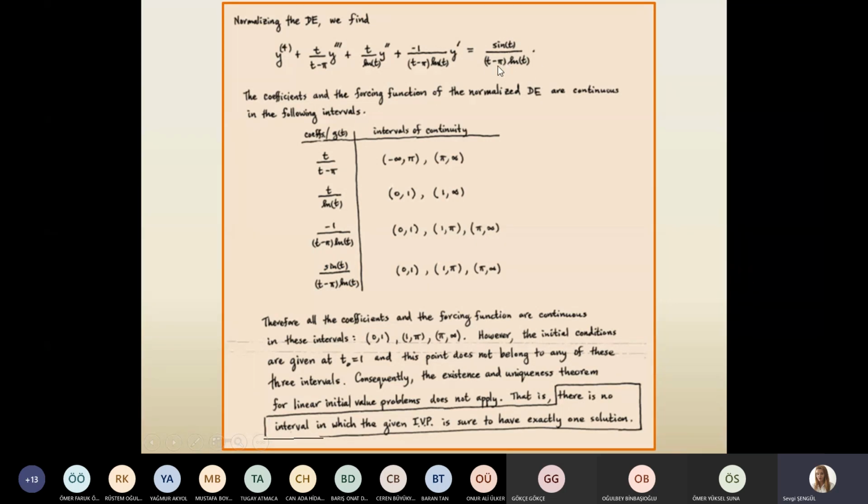And once we look at the denominator, again, t cannot be pi, t cannot be 1, t cannot be negative. And the same as the previous one. And you need to take the regions that are true for all of them. And that's why these intervals, we don't have any negatives: 0 to 1, 1 to pi, pi to infinity.